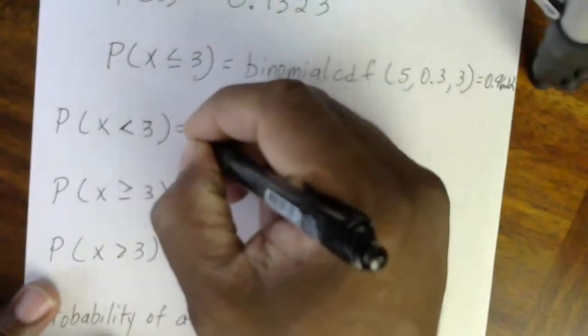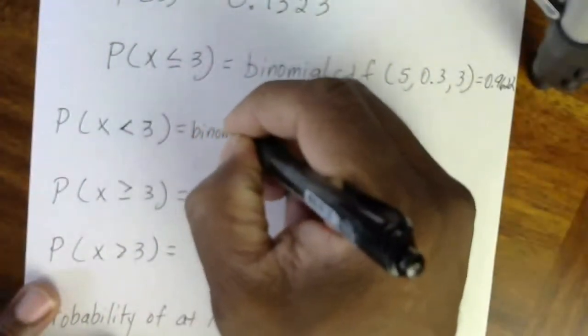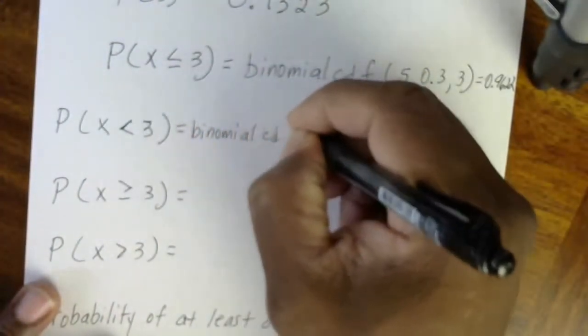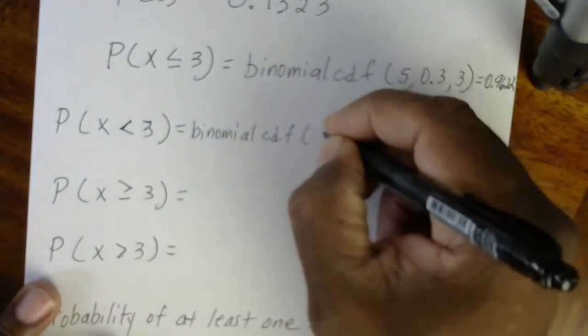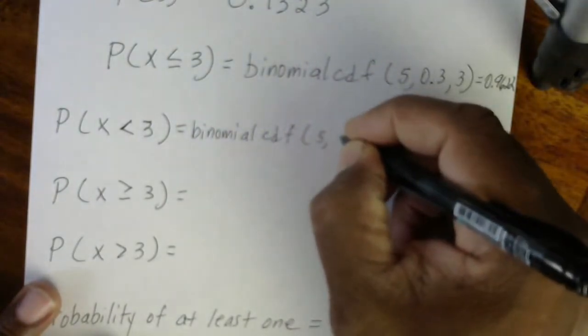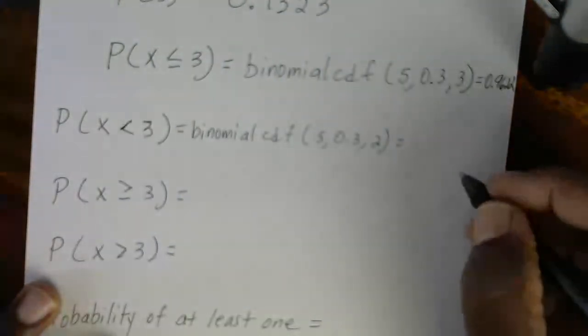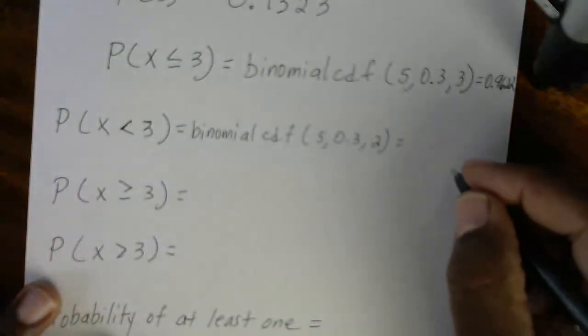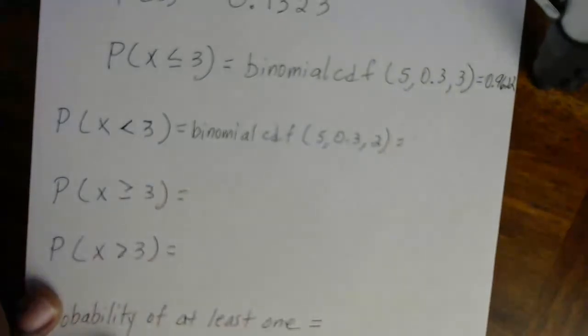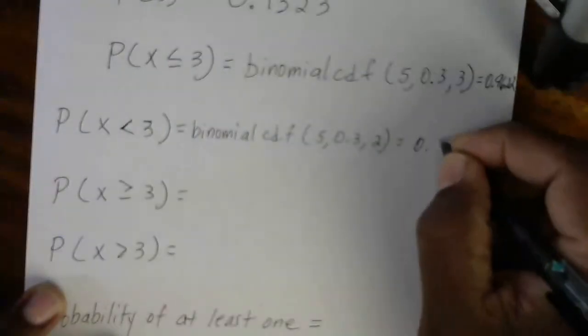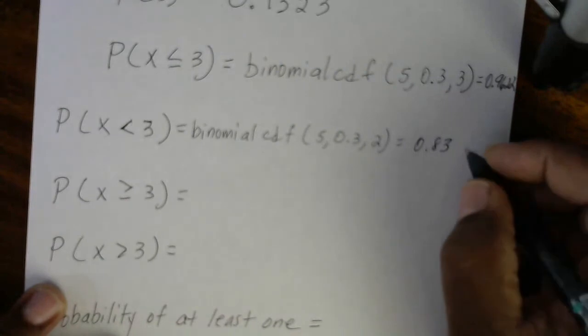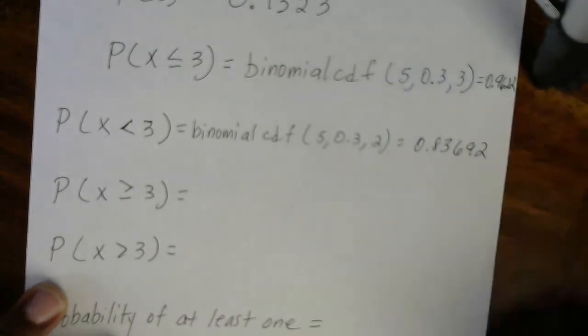So to find the probability that X is less than 3, in my calculator I put in binomial CDF 5, 0.3, comma 2, and we got 0.83692.